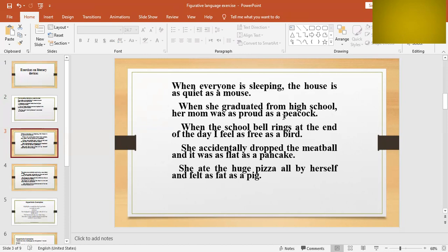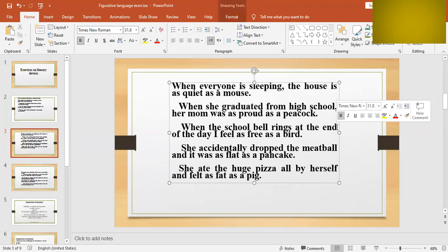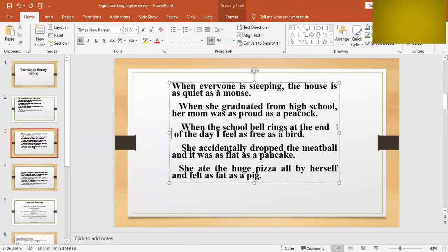When the school bell rings at the end of the day, I feel as free as a bird. You know, a bird which is flying in the air. So he felt as free as a bird. So it means as if he was imprisoned. Imagine the situation, as if he was imprisoned, and now when he leaves the school, he feels free.